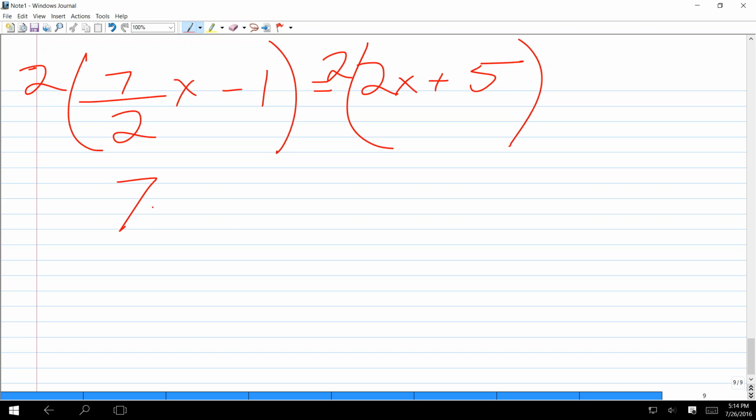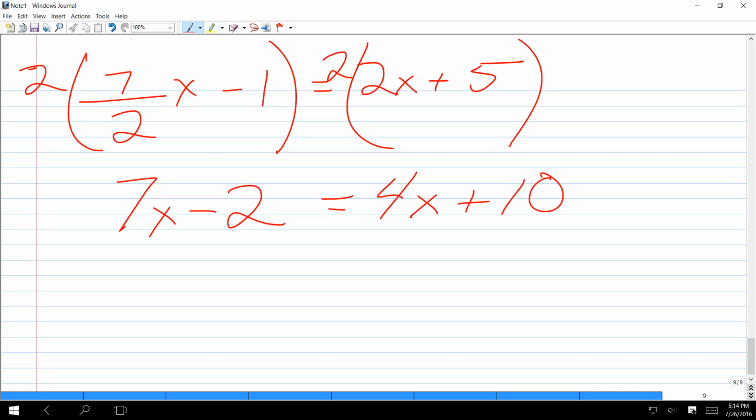So that becomes 7x. What's 2 times minus 1? Negative 2. Over here? 4x plus 10. Okay. So that turned it into a pretty easy problem, right?